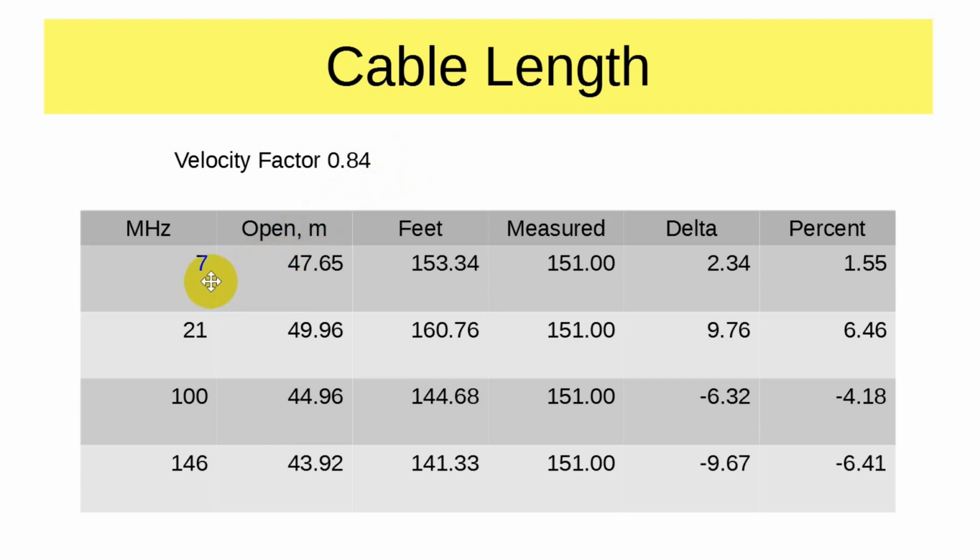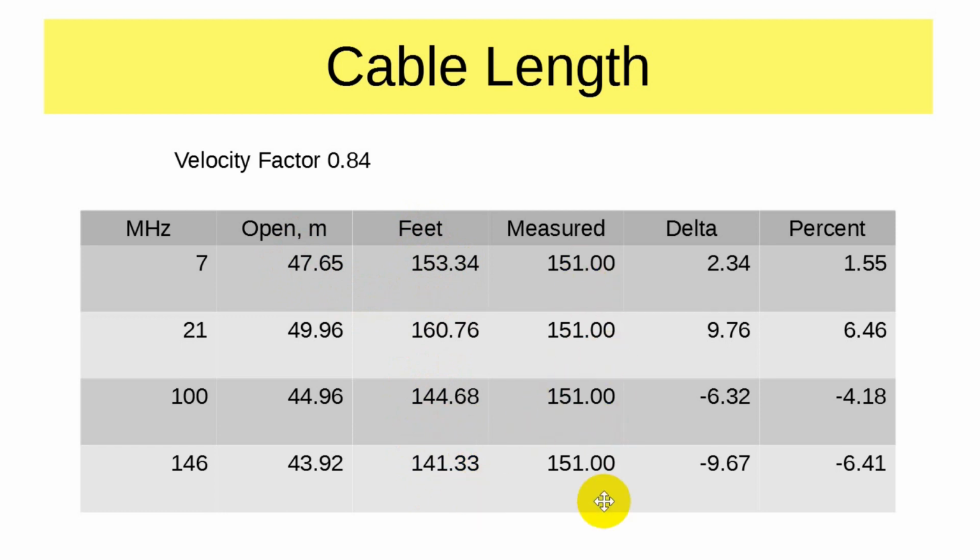So if we go to 7 megahertz, now I only have the open here because when I did the closed, I had the original velocity factor in there of 0.66, but the open are all correct. So this gives you, according to the measurement, this is meters, this is now feet, 153, 160, 144, 141.